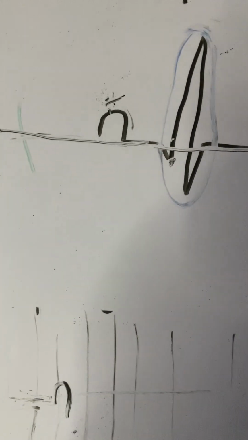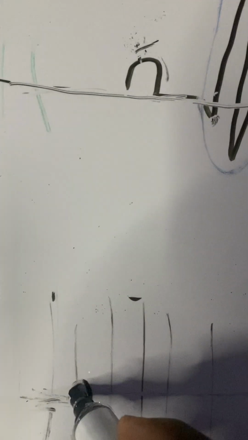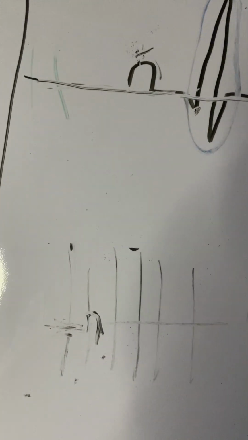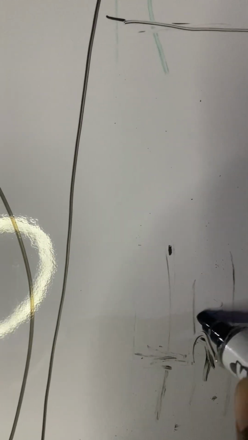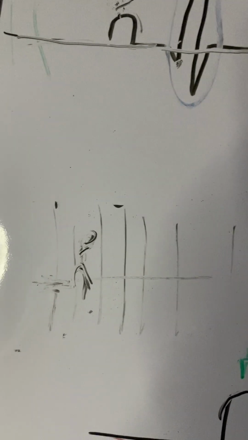The first ever positive deflection, the first one that goes up, that is your P. So that becomes your reference point, and that is all you need to know.